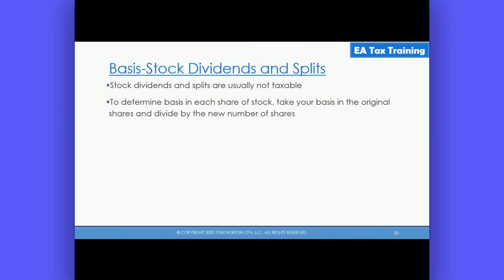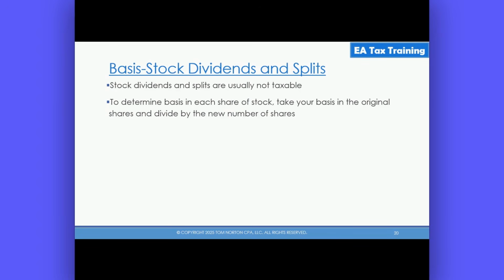Stock, dividends, and splits. A lot of the basis and capital gains issues that you will deal with for part one for individual taxation are going to have to do with investment type of assets like stocks and bonds and mutual funds. So when we talk about stocks, you can have stock dividends and splits. So remember, we talked about stock dividends previously.